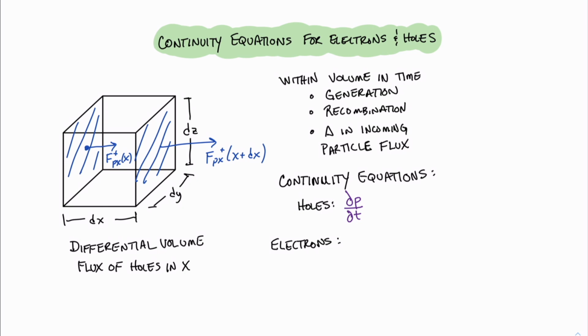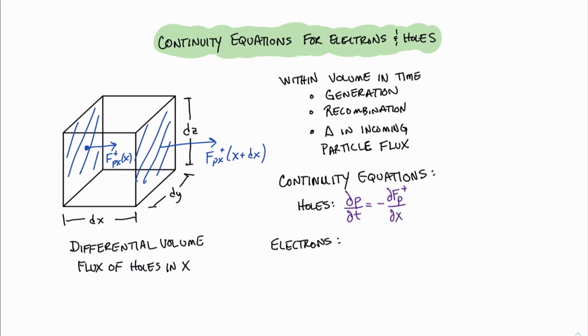And as mentioned before, we could have some flux of carriers coming in, and we'll represent that as a change in flux, right? We can see here, if we have a differential volume dx here, then it's going to be the change in carriers across that system that we want to consider. So let's write that as equal to minus dF_p/dx.